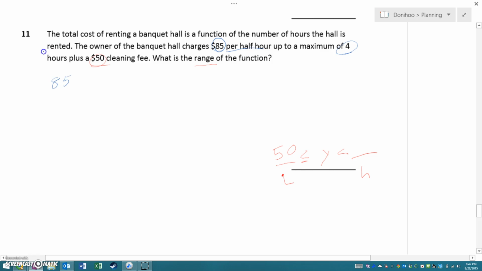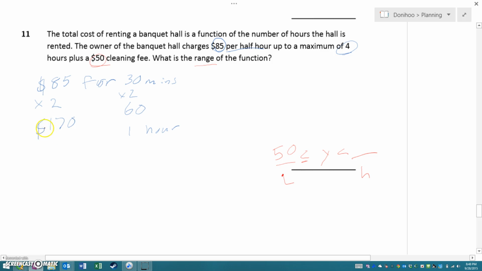Okay, well, if it's $85 for just 30 minutes, then for a whole 60 minutes, for 1 hour, how much is it going to cost? Well, that's twice as long, so it's going to cost twice as much. Double 85, and you can check the numbers in a calculator.